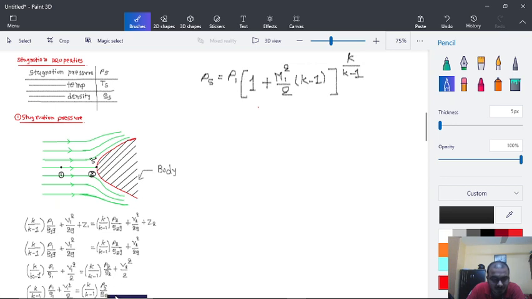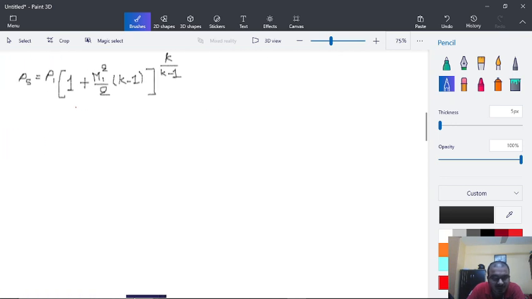Now the equation will be longer, so you need to be very careful here.